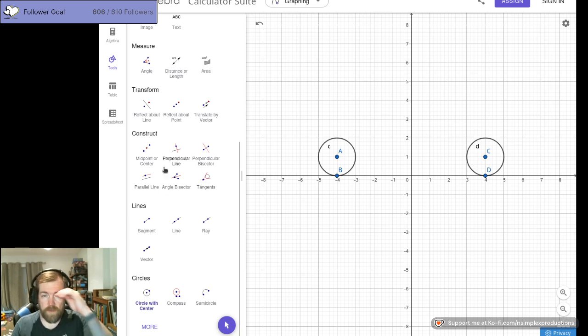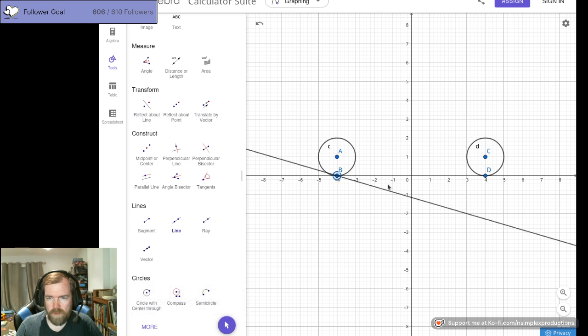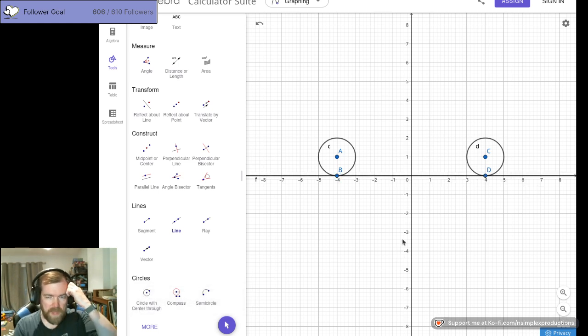So this is the other benefit of using GeoGebra, that it has geometric tools that we could just construct. We can make a line, just a line right between here and there. So that's just going to make a line.